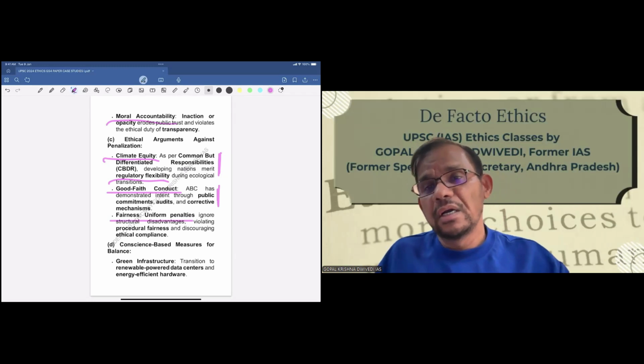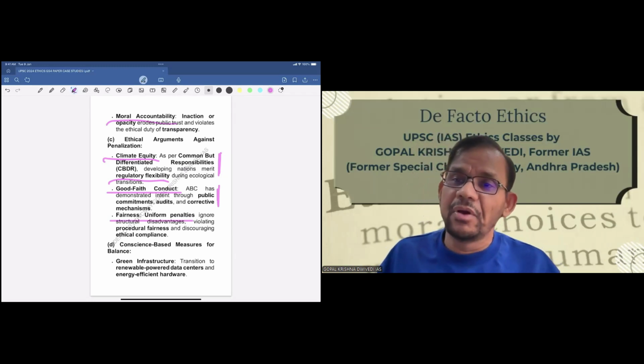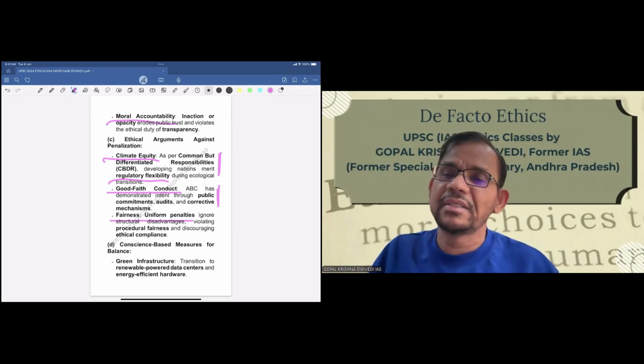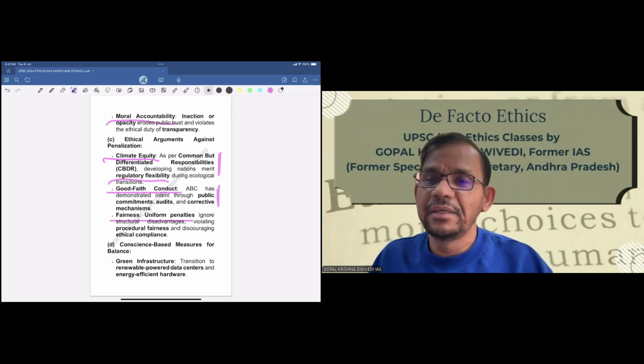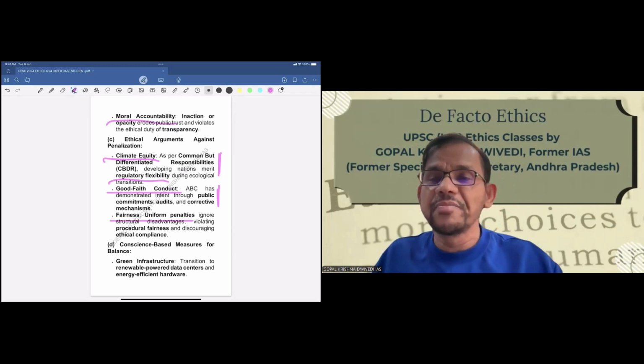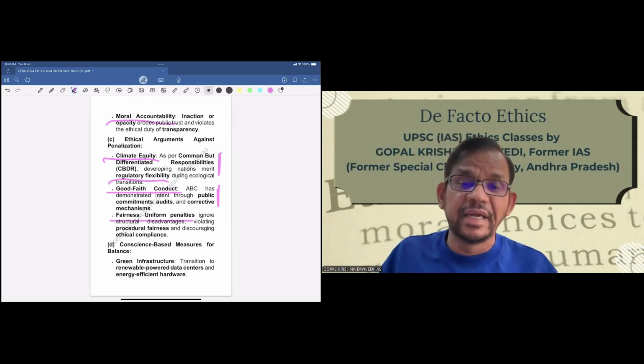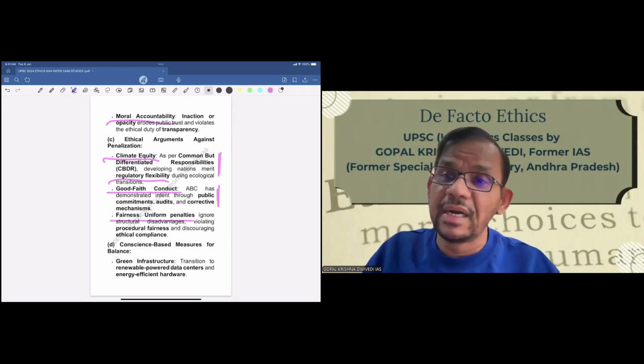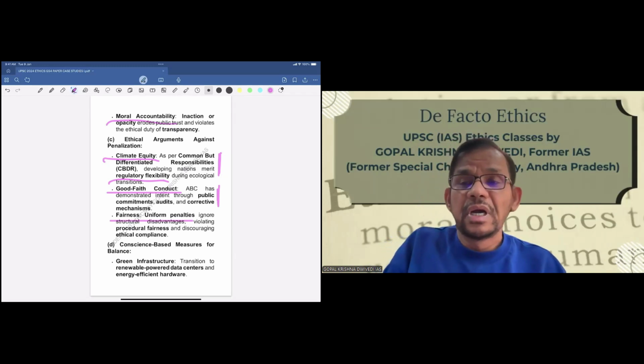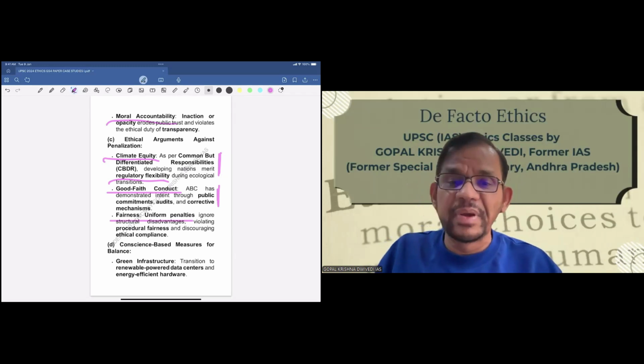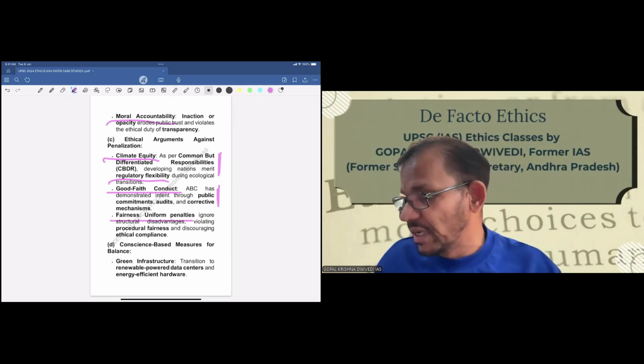So the same thing John Rawls has also put, that whatever is in favor of the least advantaged, that rule can be violated. So here also, fairness means not uniform penalties. Fairness means taking into account the structural disadvantages, the developmental disadvantages. You have some differentiation in penalties. So this is our third argument.